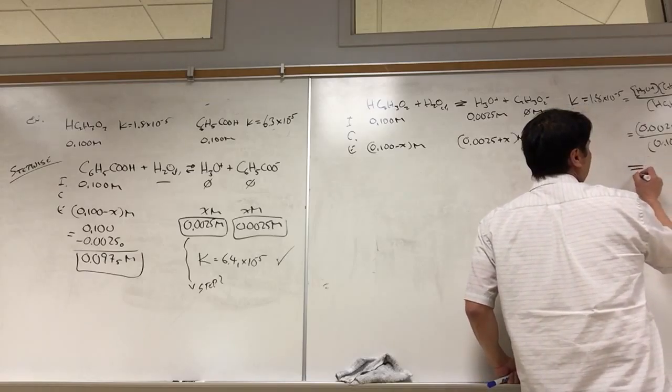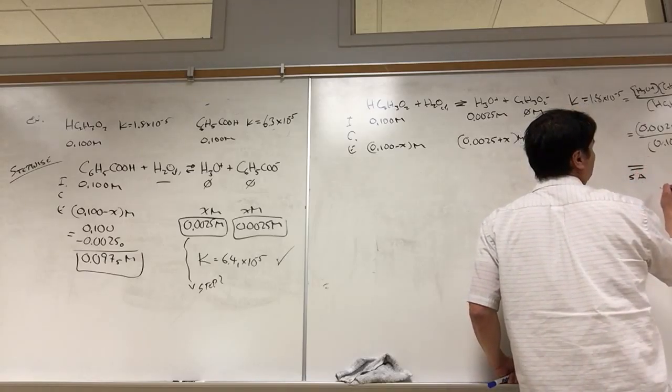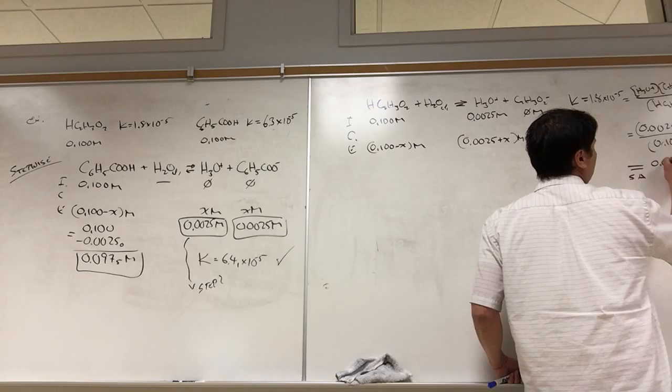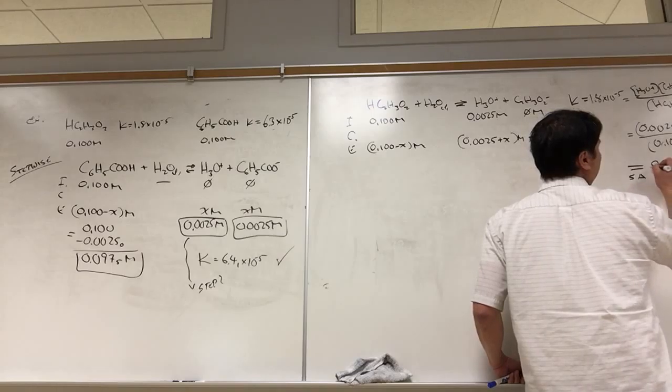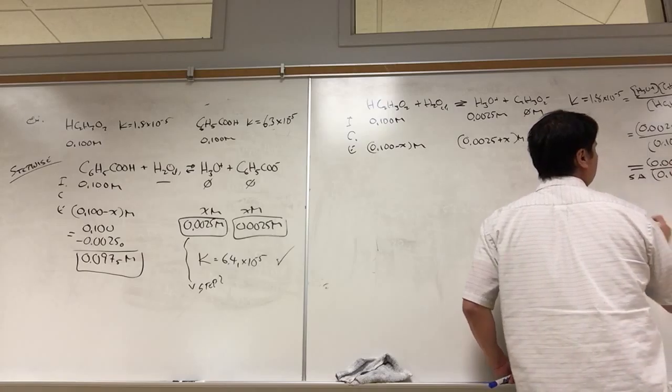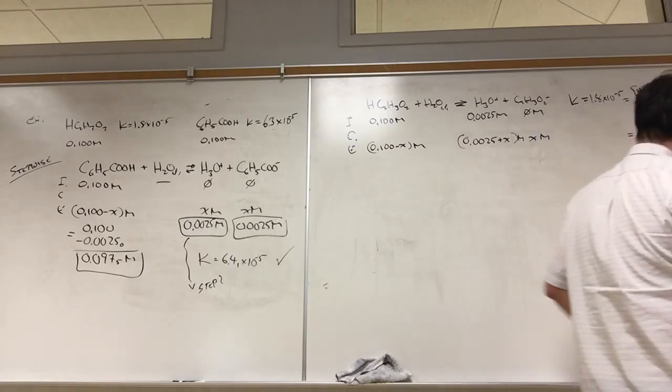I'm going to try the simplifying assumption. So that goes to 0.0025 divided by 0.100 times x. I'm going to solve for x.